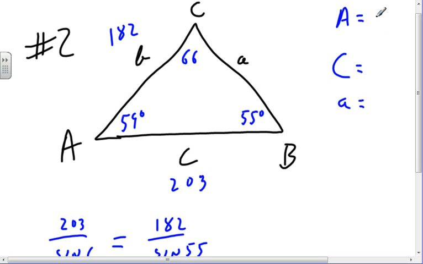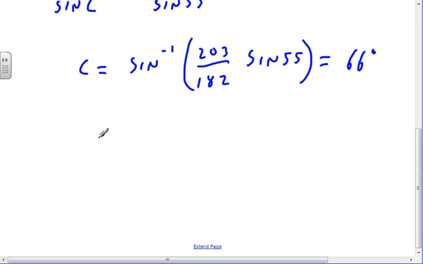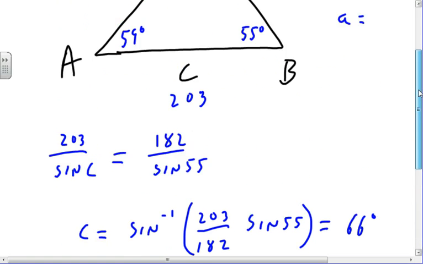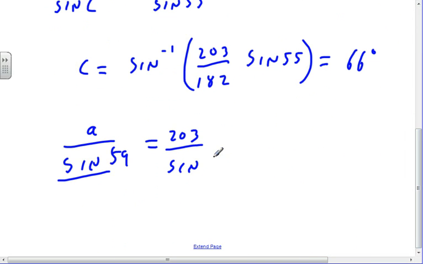So A is 59, C is 66, and now little a: little a divided by the sine of 59 would equal 203 divided by the sine of 66.